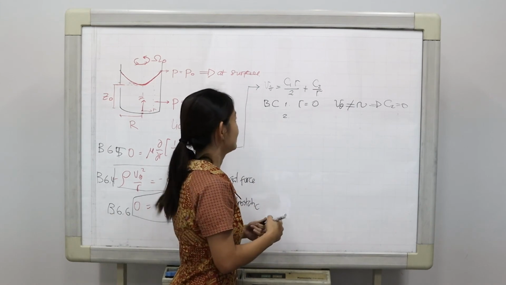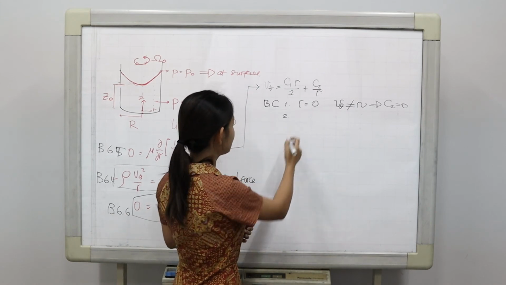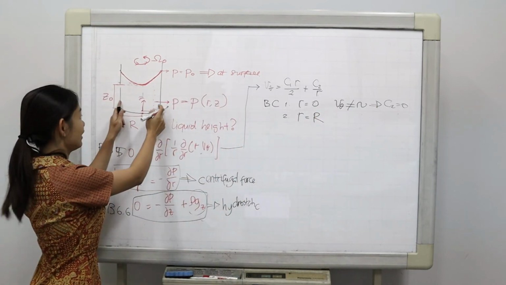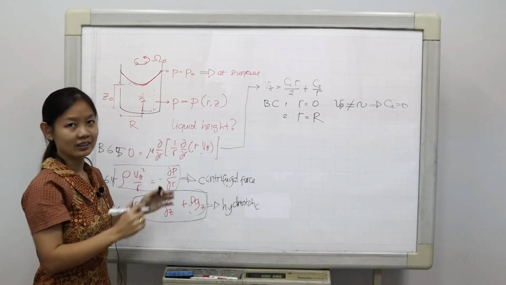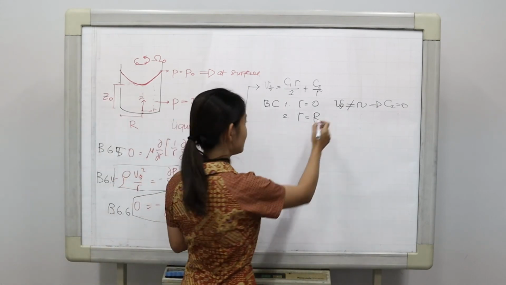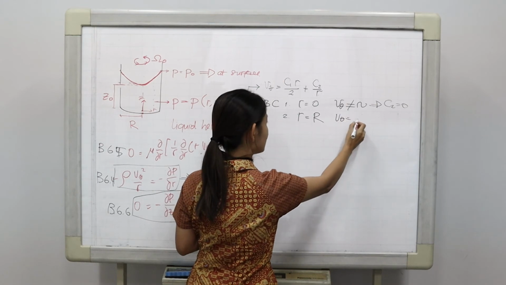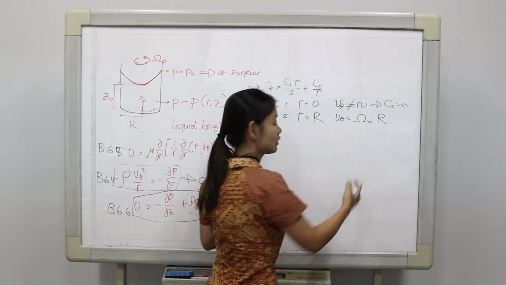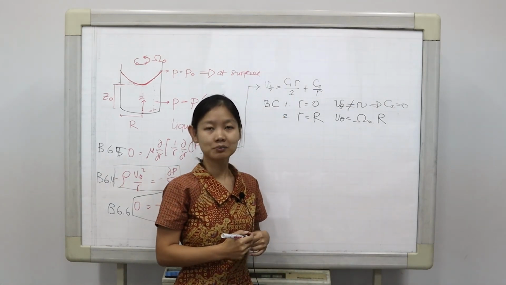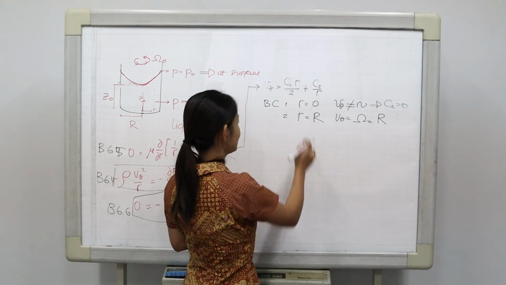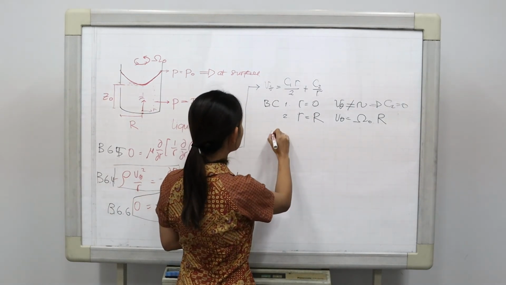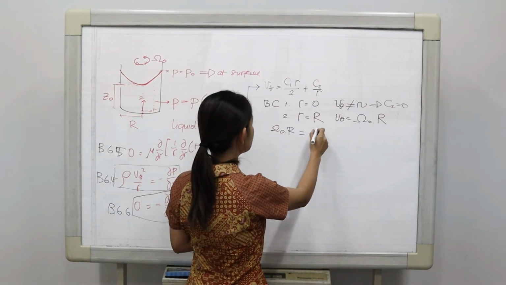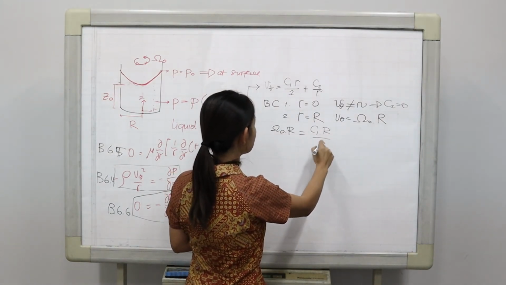Now the second boundary condition is at r equal to capital R, at the wall of the cylinder, at the wall of the tank, the velocity phi theta is omega outer times capital R. So if we put things over here, we will get omega R equal to C1 R divided by 2.